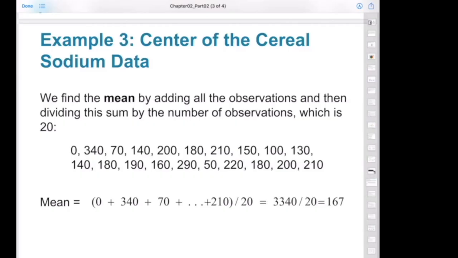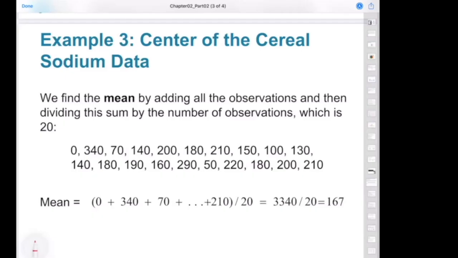And to find the mean, all you need is to find the sum of all these data and divide it by the number of these data. We have here 20 numbers. So as you can see, the sum of all these numbers is 3,340 divided by 20, the number of data we have.